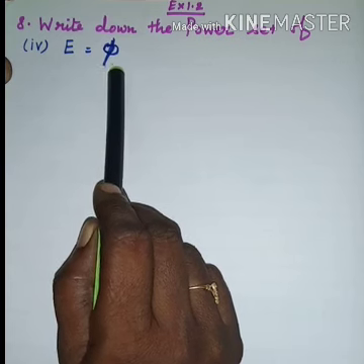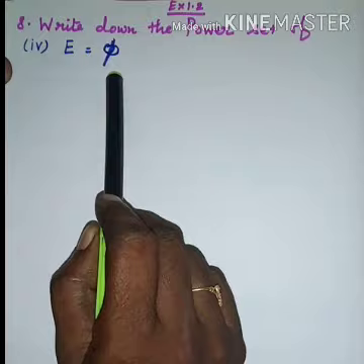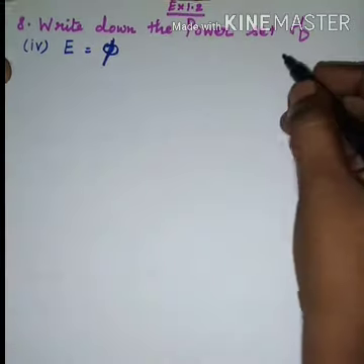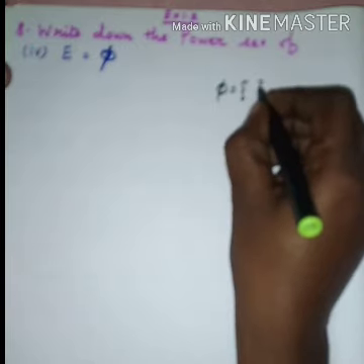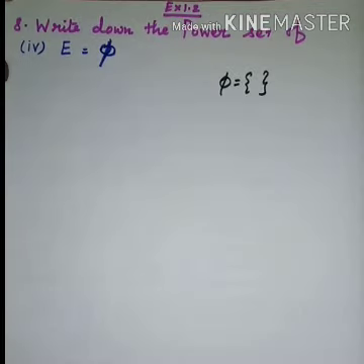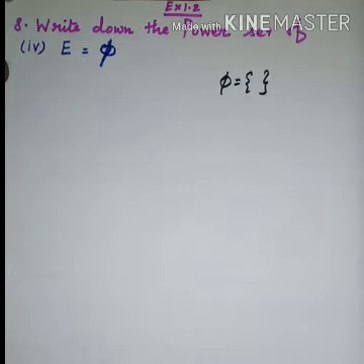It is an empty set. The set which has no elements is called an empty set and is denoted by φ.